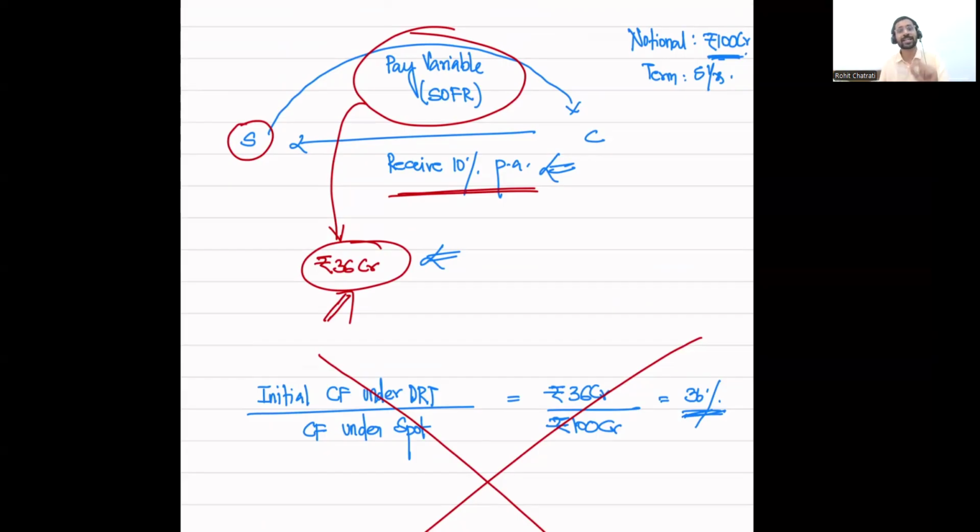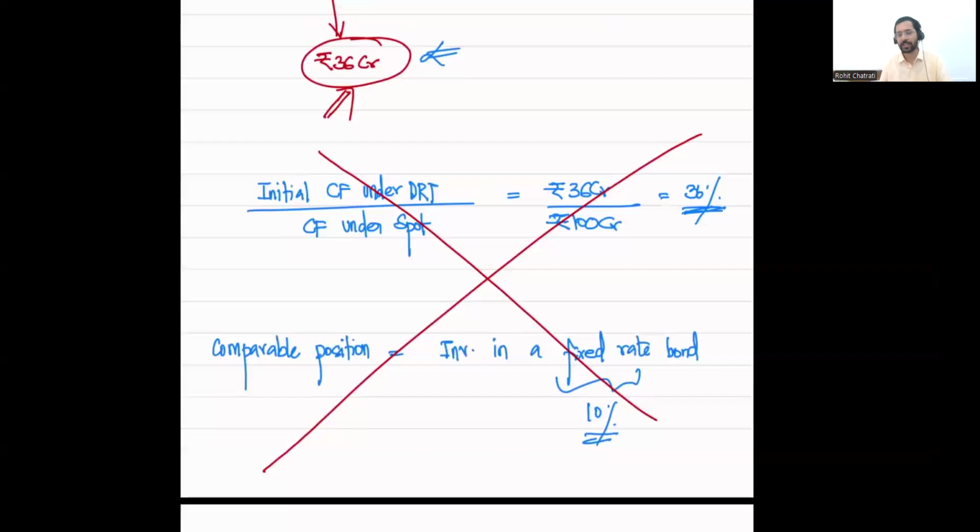So don't you think it's like an annuity cash flow of 10 crores for the next 5 years? The comparable position would be not only an investment in a fixed rate bond, but also a purchase of an annuity. There is a second comparable position, which is purchase of an annuity.